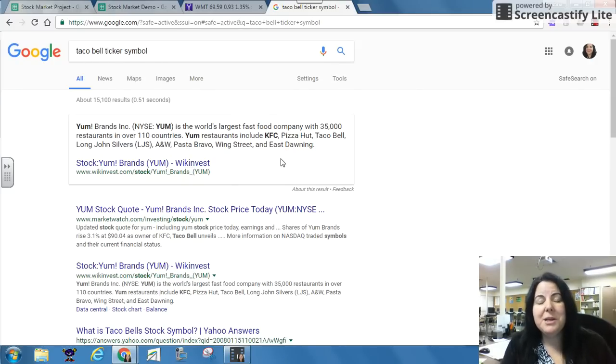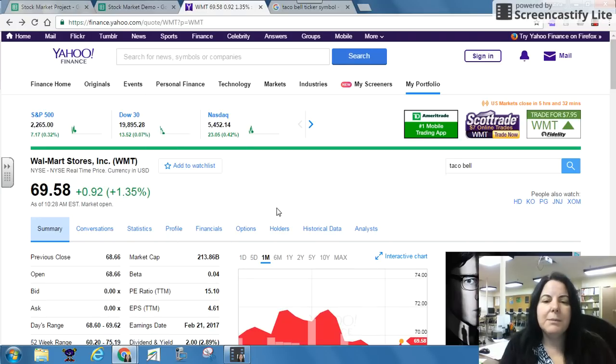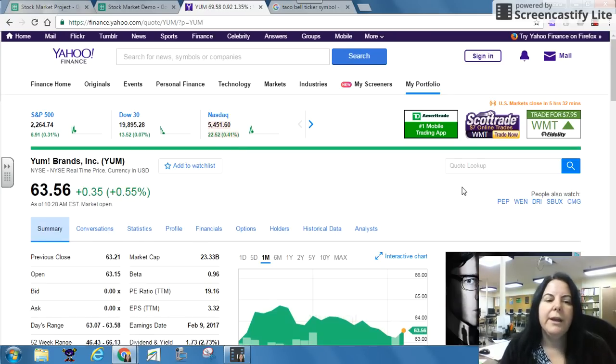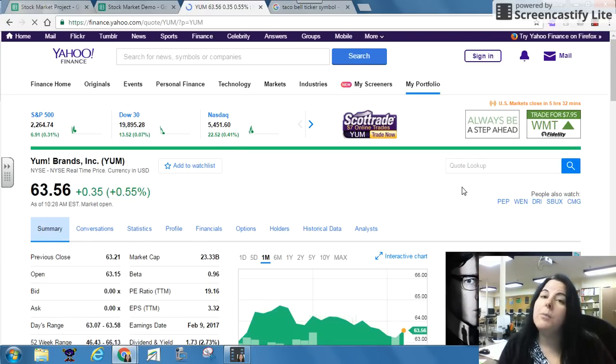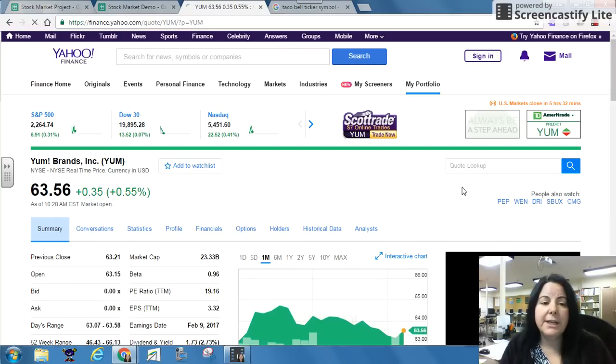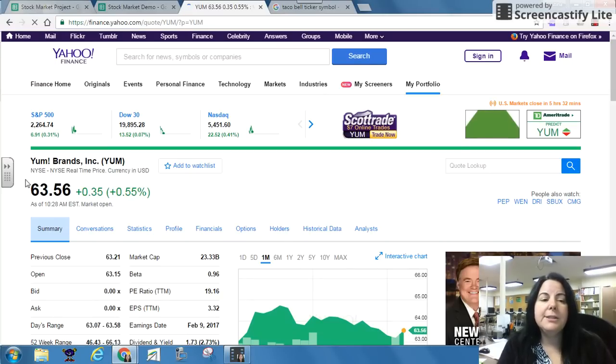Maybe you didn't know this, but Taco Bell is actually owned by the same company that owns KFC, Pizza Hut, Long John Silver's, A&W, etc. So if you want to invest in Taco Bell, you're also investing in all these companies. You would need to use the symbol YUM, which is Yum Brands. It's up to you if you want to record it on your spreadsheet as Taco Bell, but you need to make sure that your ticker is YUM and it's New York Stock Exchange.